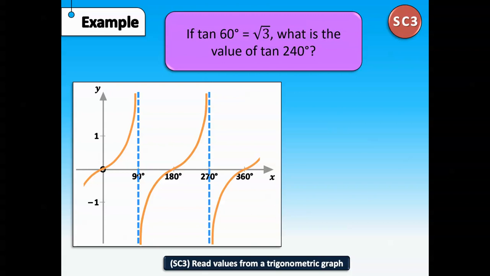So if tan 60 equals root 3, what is the value of tan 240? Well, if we have a look at these 2 points on the graph, 60 and 240, we can see that they'll be exactly the same. So tan 240 will also be root 3.